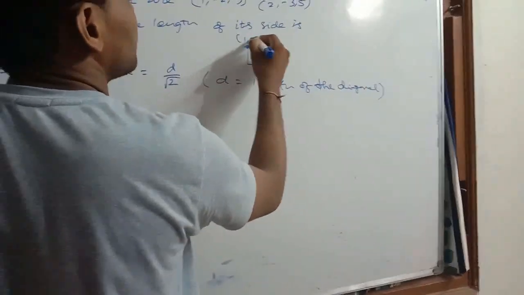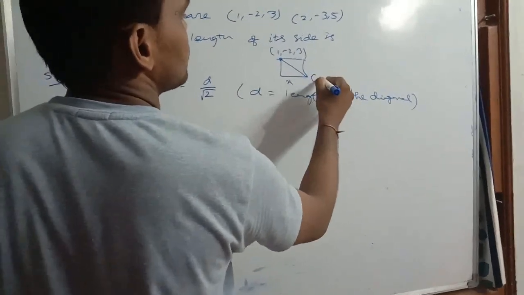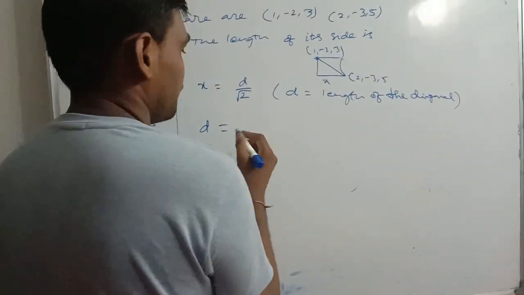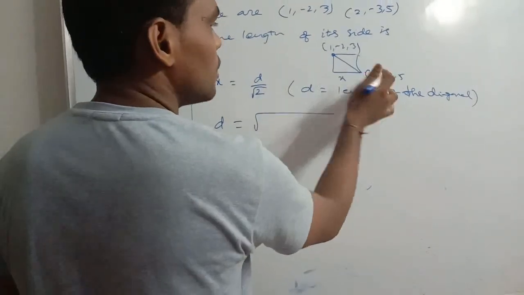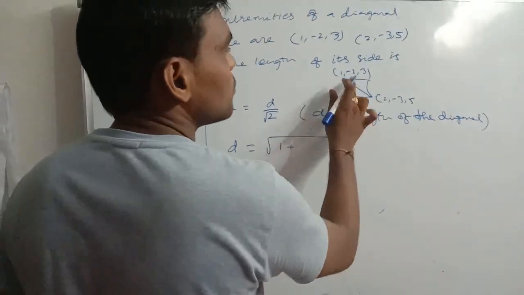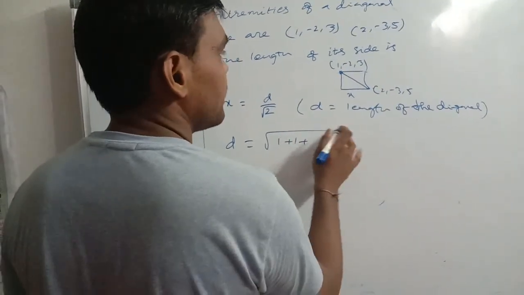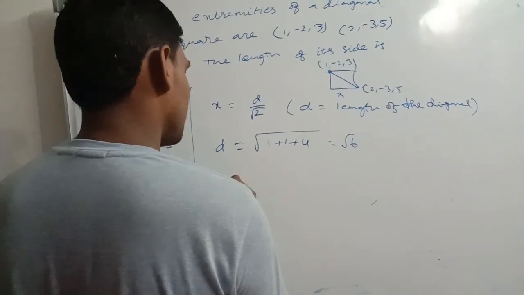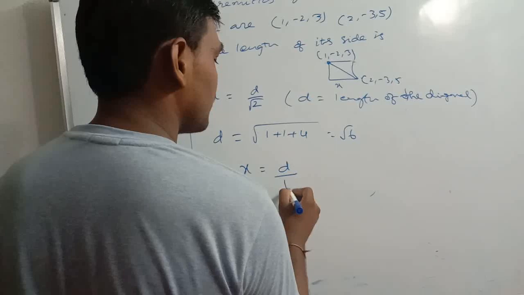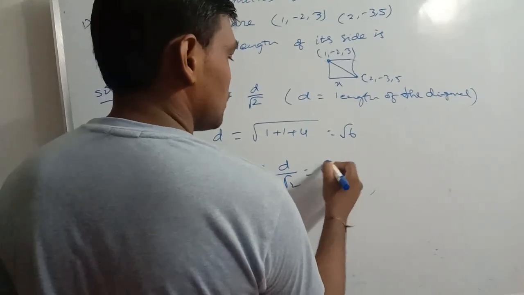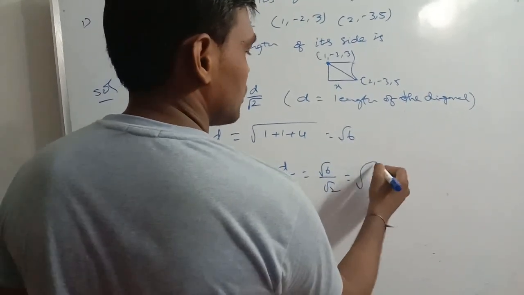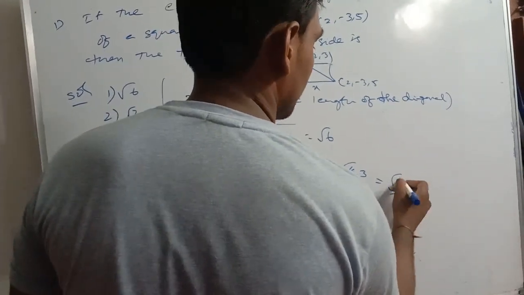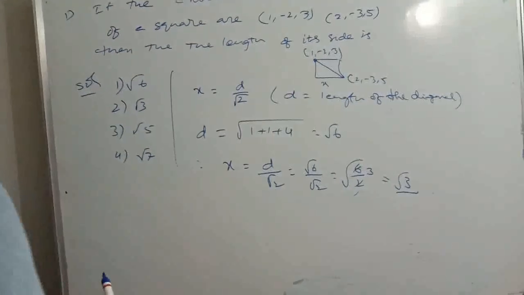The points are (1, minus 2, 3) and (2, minus 3, 5). Now the distance is root of (1 minus 2) whole square, which is 1, plus (minus 2 plus 3), which is 1, plus (3 minus 5), which is 4, so this is root 6. Now the side length is x is equal to d by root 2, which is root 6 by root 2, that means root 3. Now the length of the side of this square is root 3, the second option.